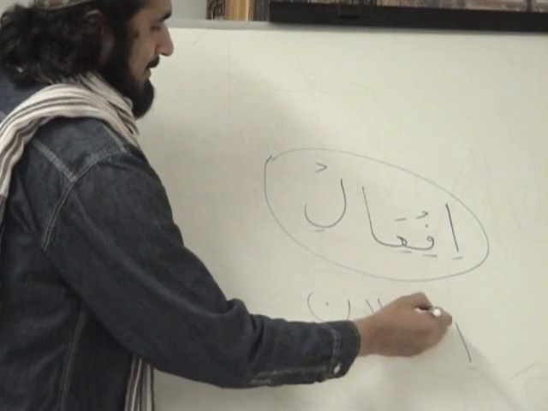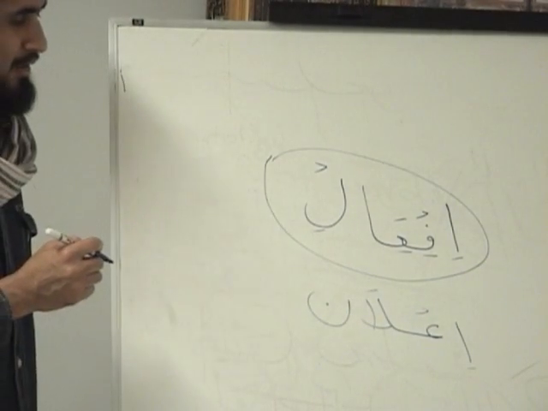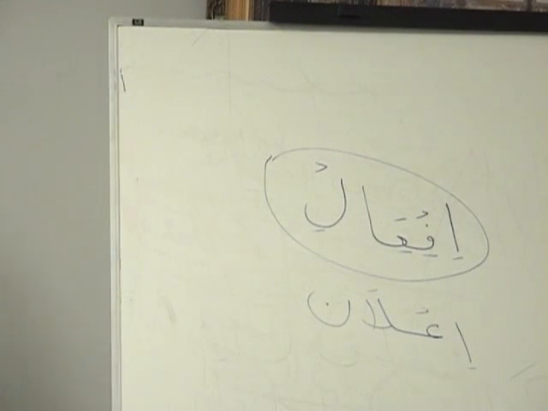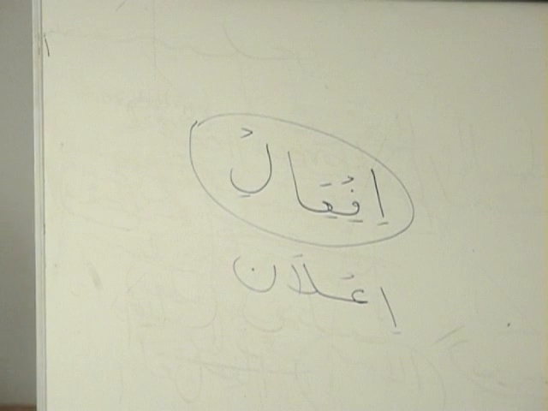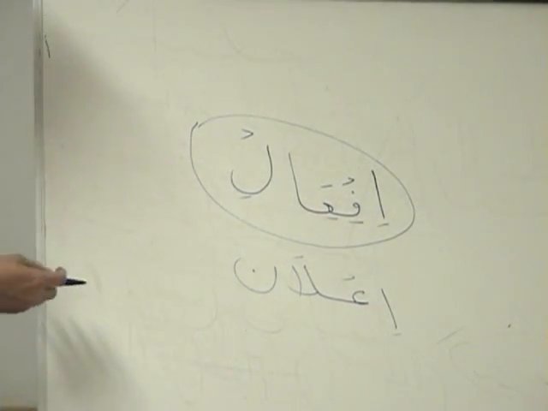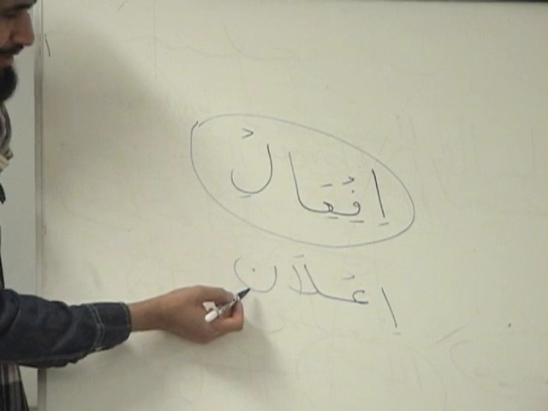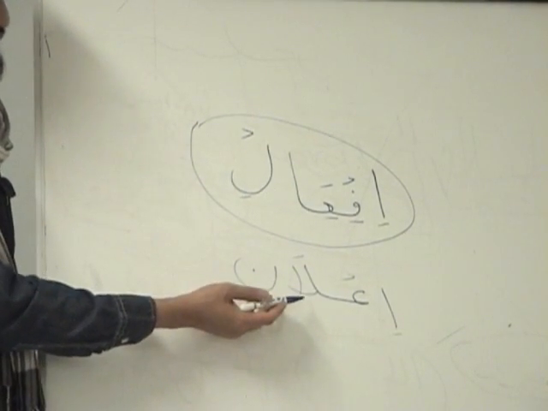So i'lan means announcement. Is it always the first and third letter? No, it's not. We'll have different forms. But here, looking at i'lan may not be easy for you to find the root letters.